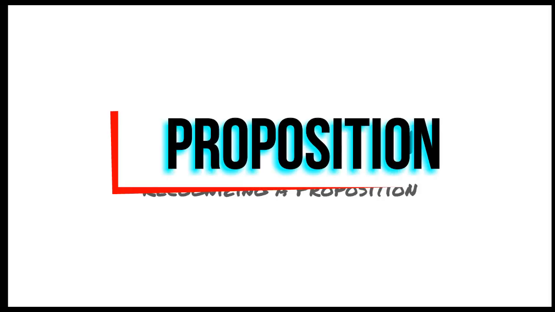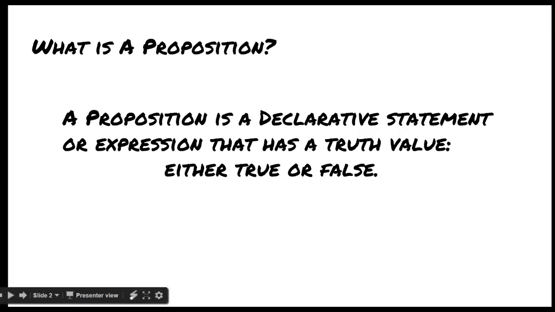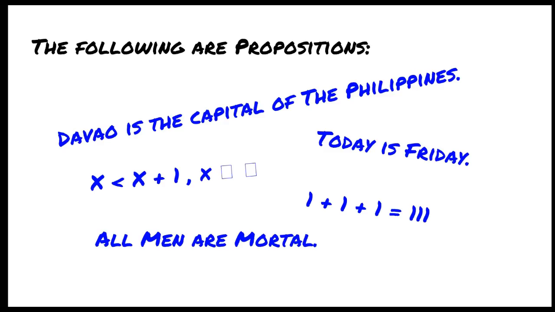So in this video, let's revisit a proposition. A proposition is a declarative statement or expression that has a truth value, either true or false. We did give examples like Davao is the capital of the Philippines, which is false.